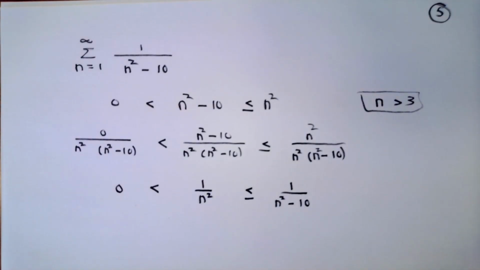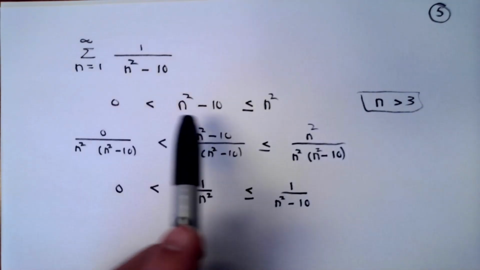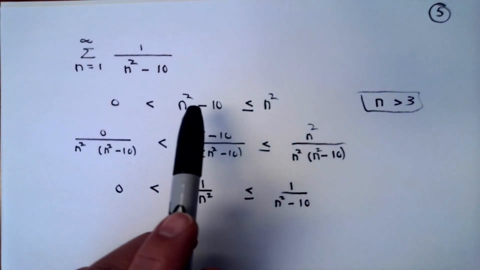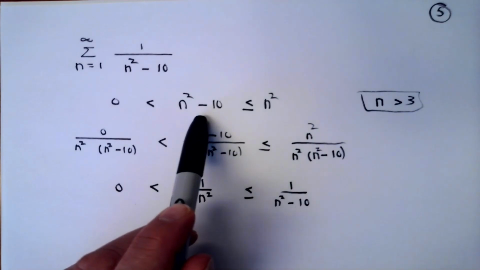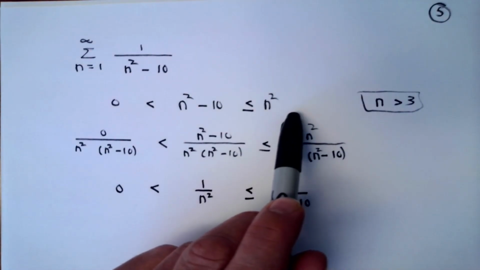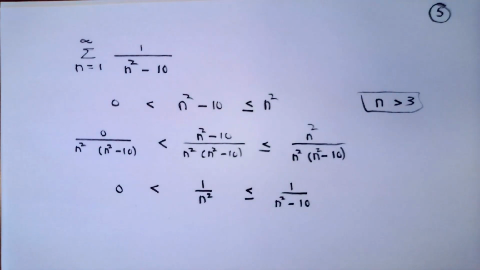What I really need is an inequality that looks like this, except the n squared needs to be in the middle and the n squared minus 10 needs to be on the outside. Now, that's never true, though, because n squared minus 10 is never bigger than n squared.